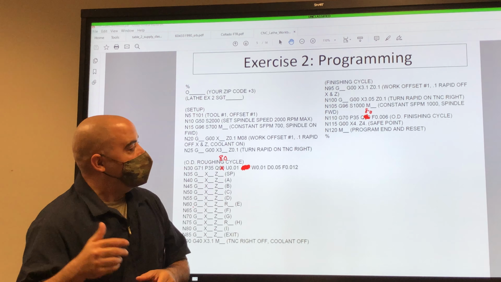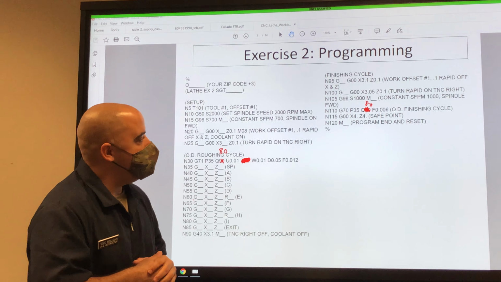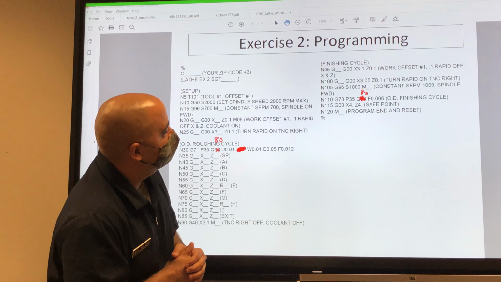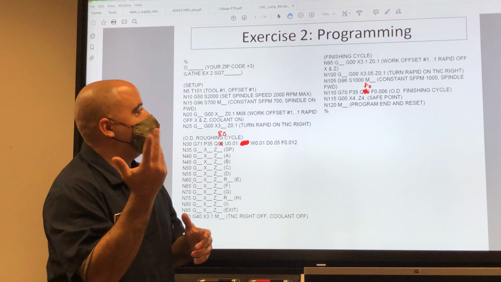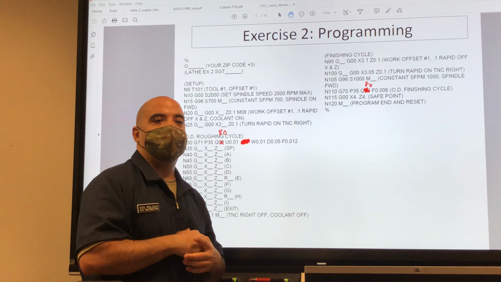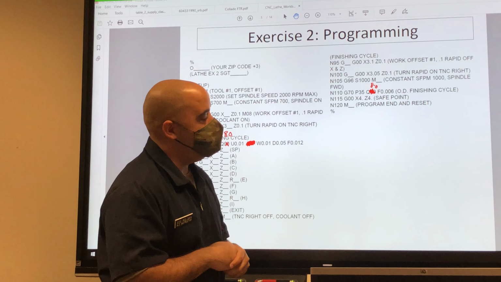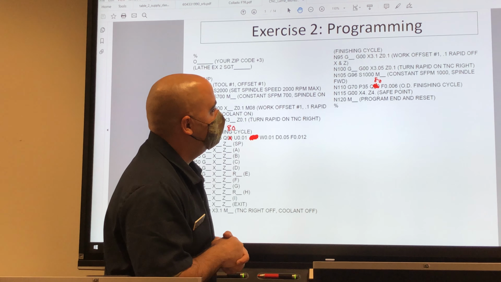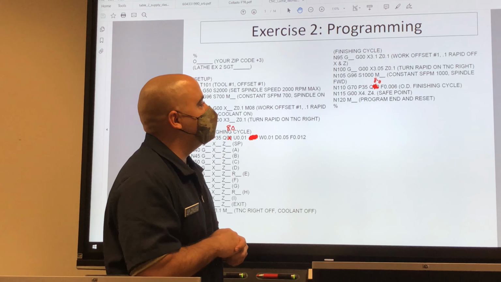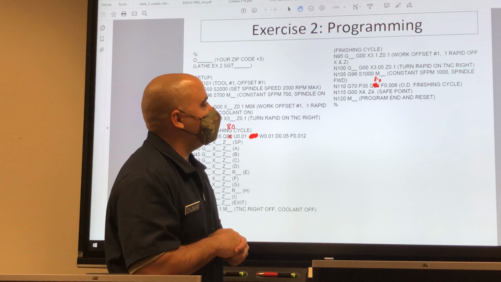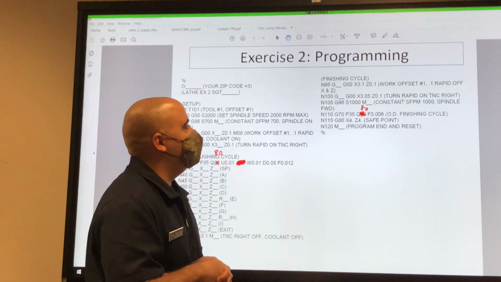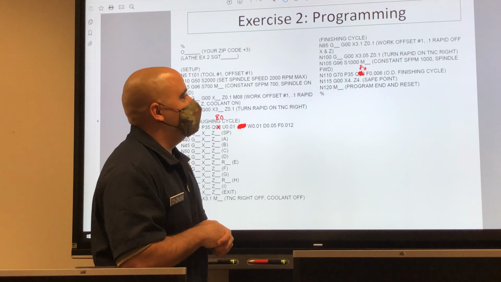So 115. Okay, 115, we have G40, which is turning off your tool nose compensation, and then G00, which is your rapid movement, and then it's just going to rapid move to whatever coordinates you put in, the X and the Z, which is just going to be a safe point off of your piece.